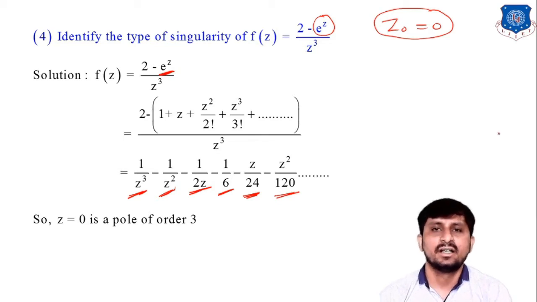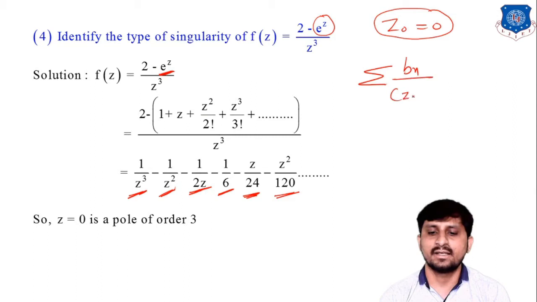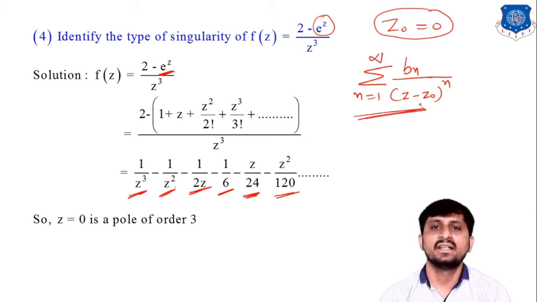Now clearly, if you remember the definition of pole of order m, the terms of the principal part, that means this part, summation of bn upon z minus z0 raised to n, where n is starting from 1 to infinity. In the Laurent series, this is my principal part, and here z0 is equal to 0.